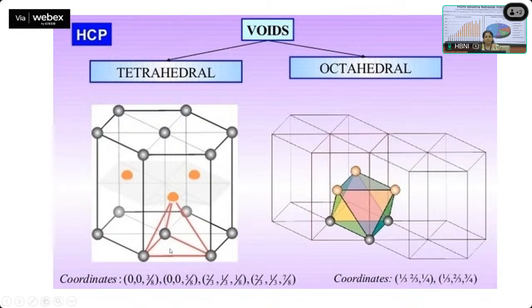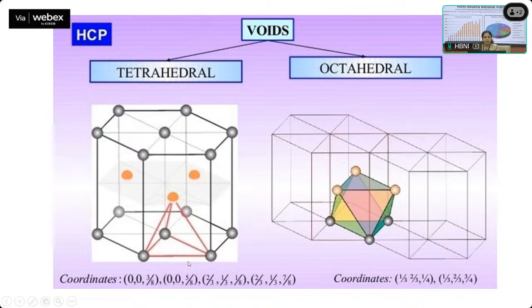So its center of gravity would be 1/4 from the base. That means the tetrahedral void will be towards the downside, away from your vertex. If I'm considering my tetrahedron like this, the tetrahedral void will lie exactly below this top vertex. So its x and y coordinates will be the same as the lattice point, which is 2/3, 1/3. Now deciding about its z coordinate.